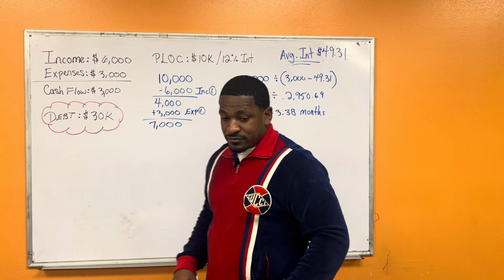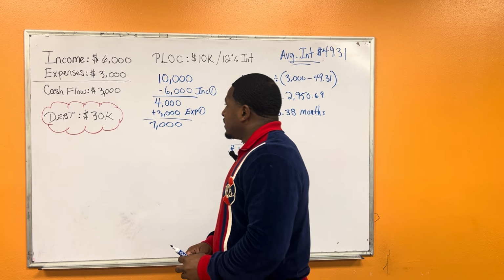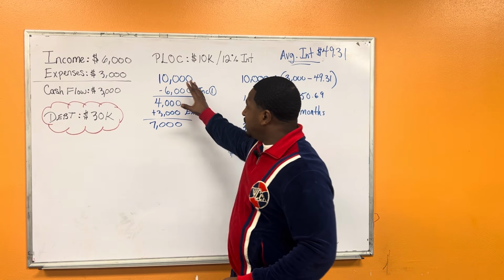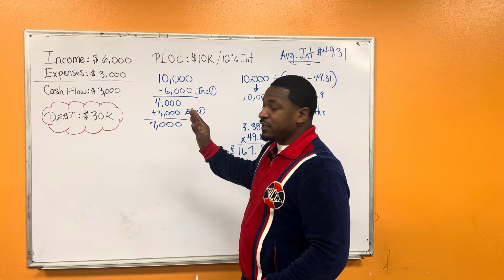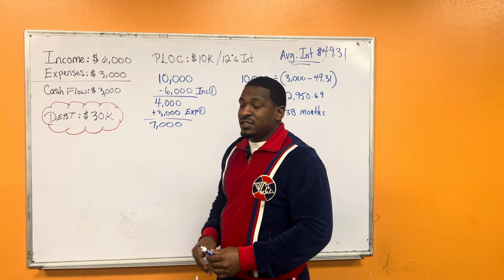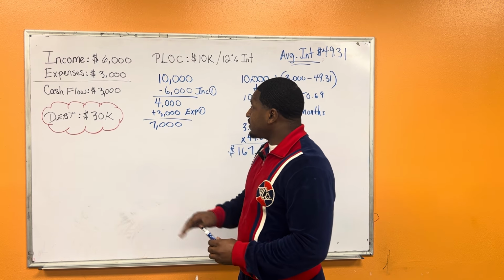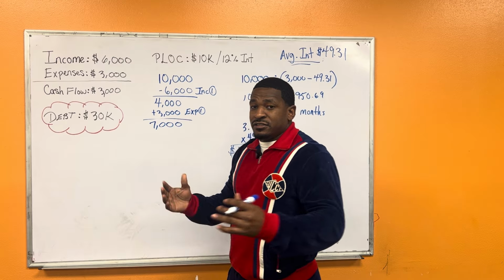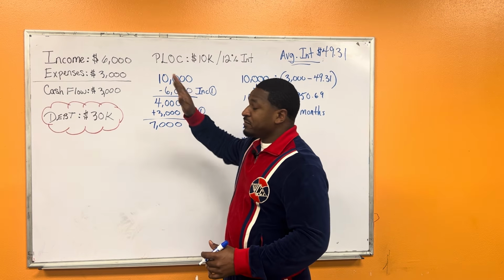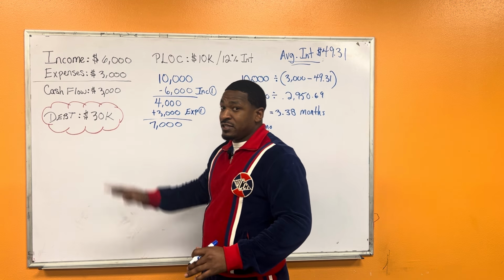It's not a problem. So I have already gotten a little bit into the example of trying to pay off a $30,000 debt. So we're already under the assumption that we have made a $10,000 chunk payment already towards this $30,000 debt.